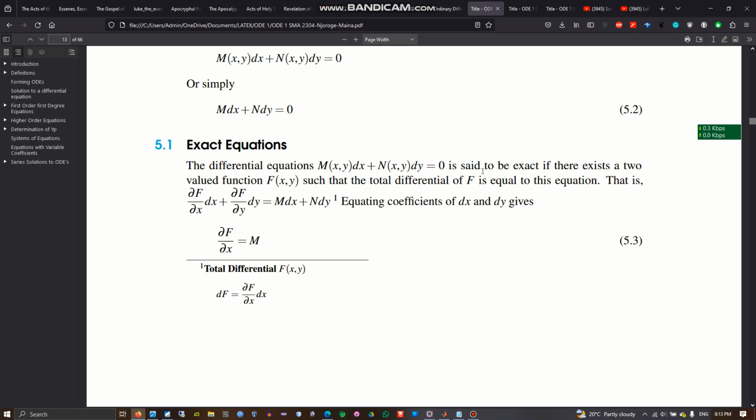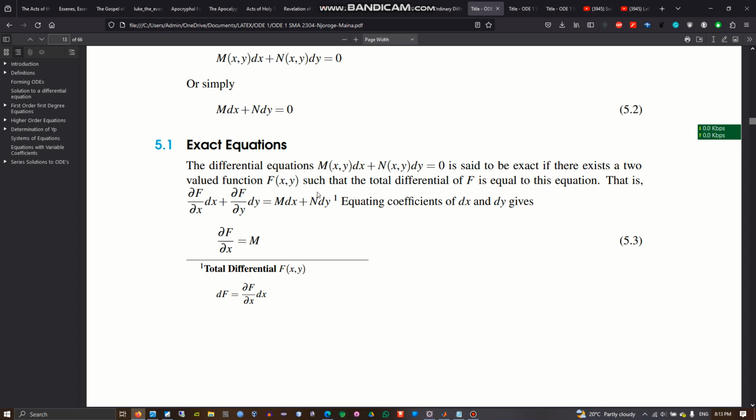Such an equation is said to be exact if there exists a two-variable function f(x,y) such that the total differential of f is equal to this equation. That is, the partial derivative of f with respect to x dx plus the partial derivative of f with respect to y dy will give you the same equation.